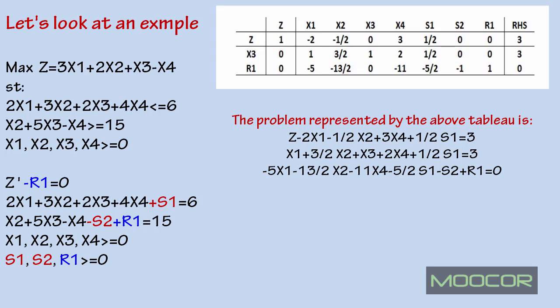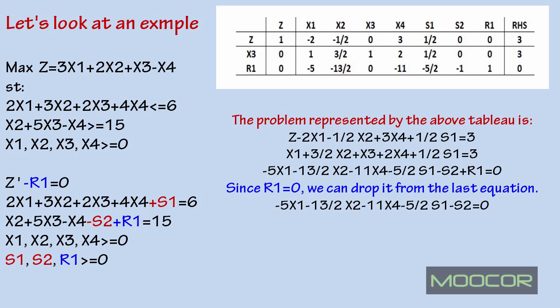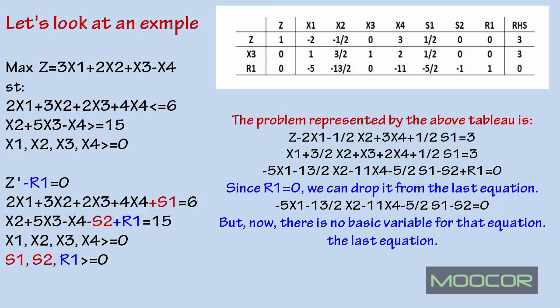These are 3 equations. I can write them. And since R1 is 0, I can eliminate R1 in the last equation, but by eliminating R1 I will lose one basic variable from my tableau.